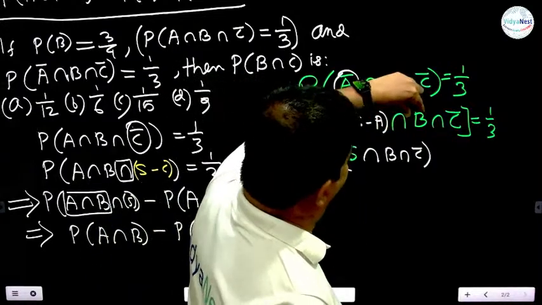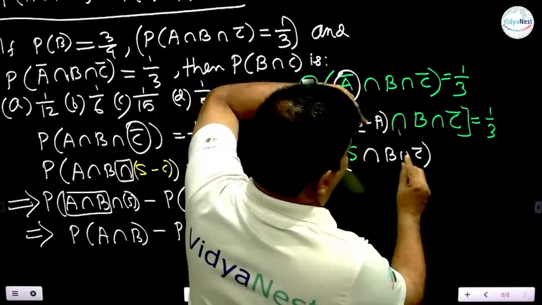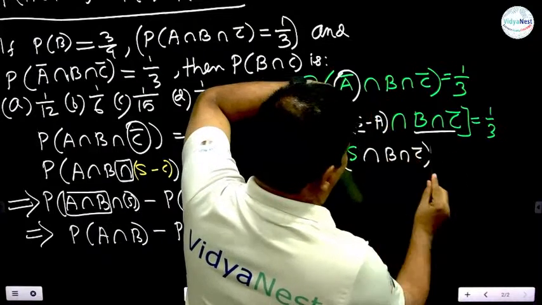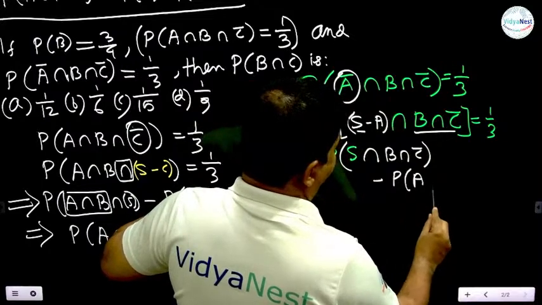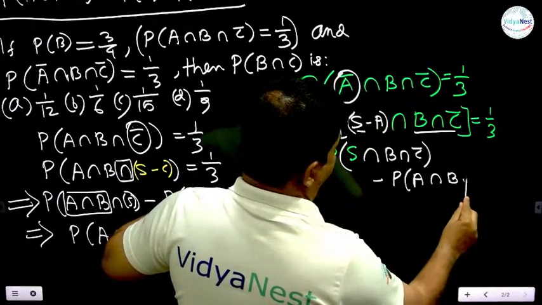S intersection S will be clubbed with this, minus A will be clubbed with this. Could you follow this? Yes, sir.